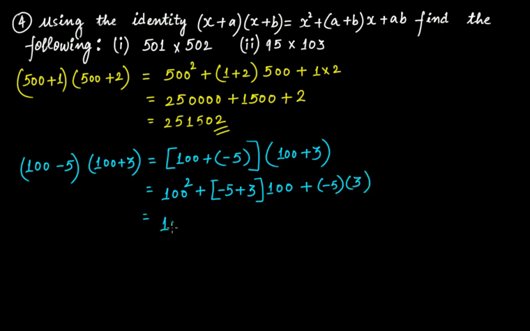So you get 10,000, and here you have minus 5 plus 3, which is minus 2, multiplied by 100 is minus 200, and minus 15, right? So this is 10,000 minus 215. Again, you solve this one. I'll leave this for you. You solve this, subtract it, and you'll get the answer.